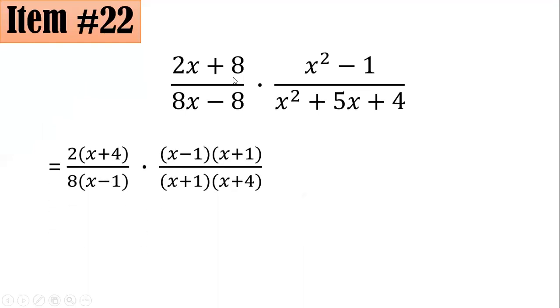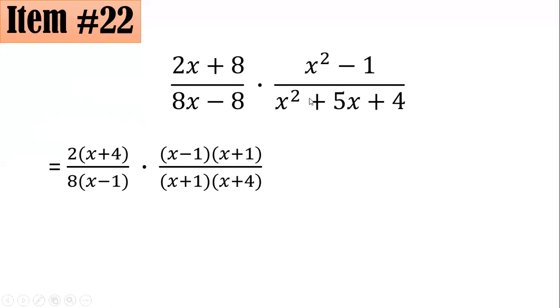The 2x + 8 is factorable as 2 quantity x + 4. 8x - 8, by taking out the GCF of 8, is 8 times the quantity x - 1. x² - 1 is a difference of two squares, factorable as (x - 1)(x + 1).